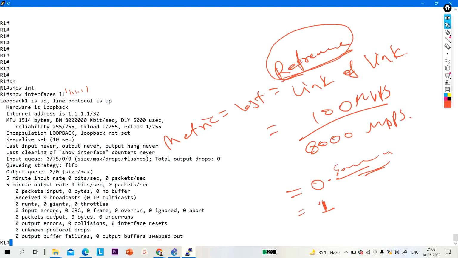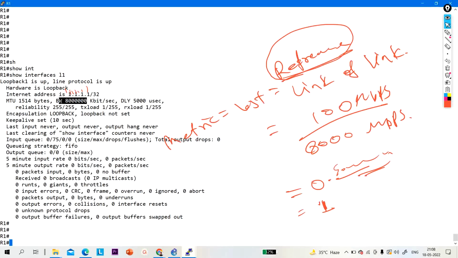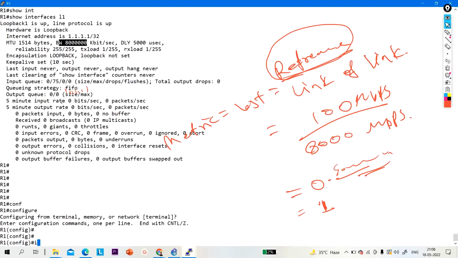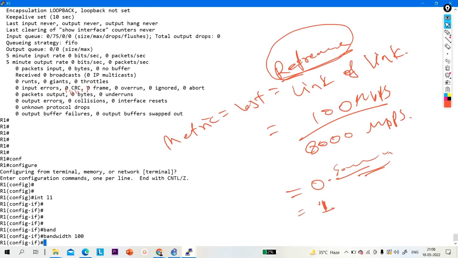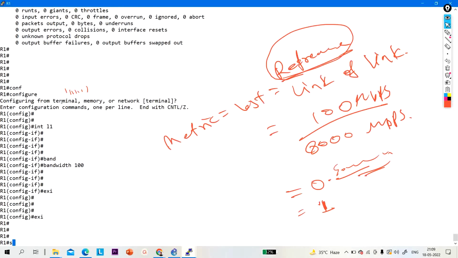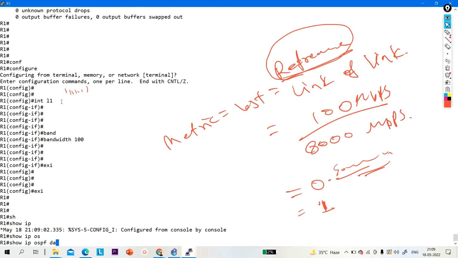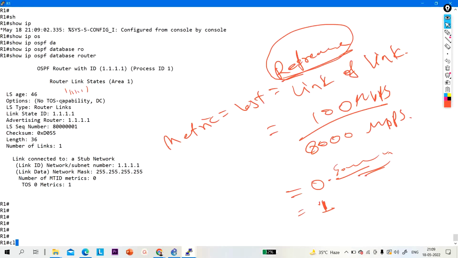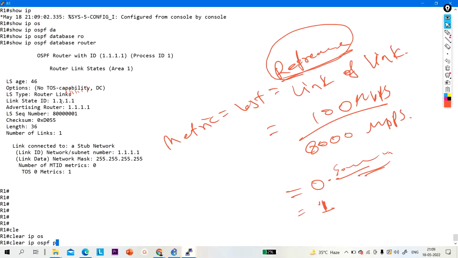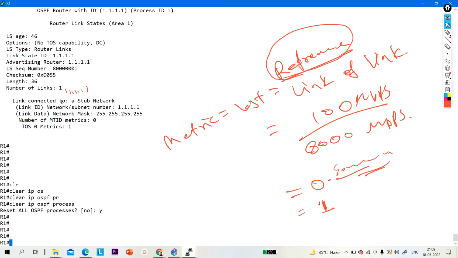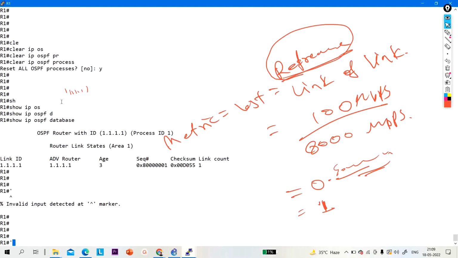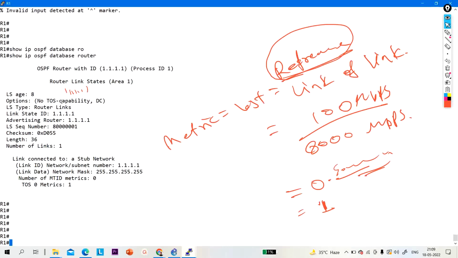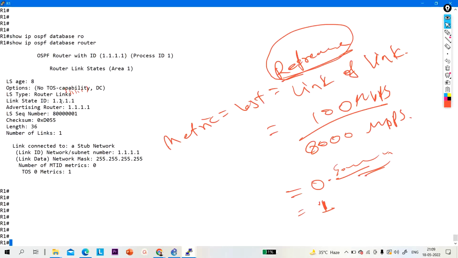So interface loopback 1, and bandwidth is... this is a problem of GNS3.